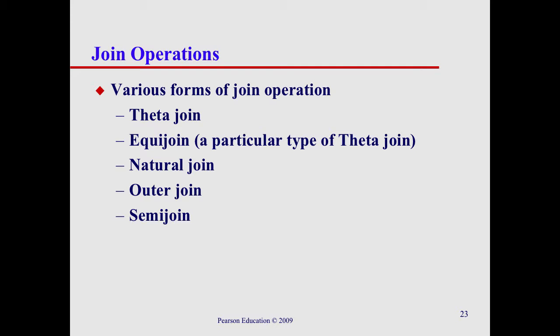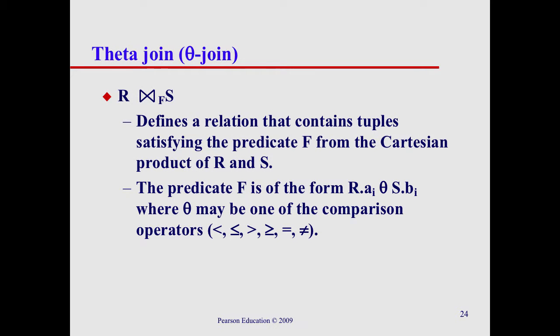So theoretically, there are various forms of joins. There's the theta join, equijoin, natural join, outer join, and semi-join. The most general version is the theta join, and this F down here can be any relational operator. In practice, we only care about equals.